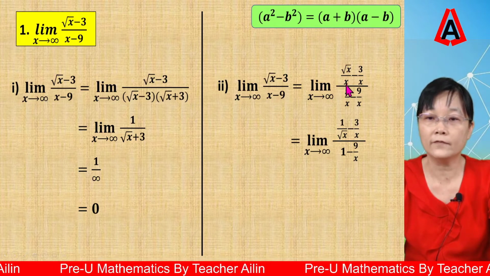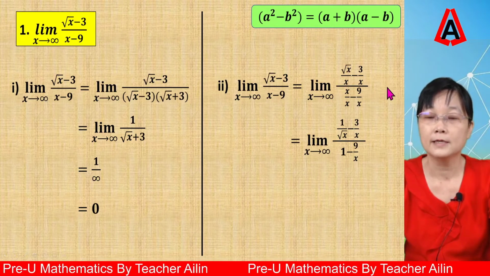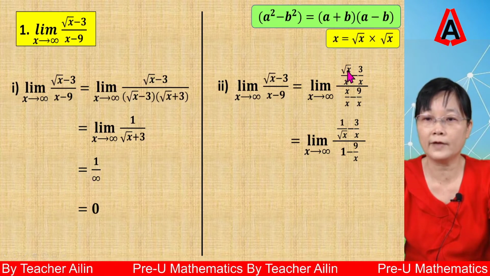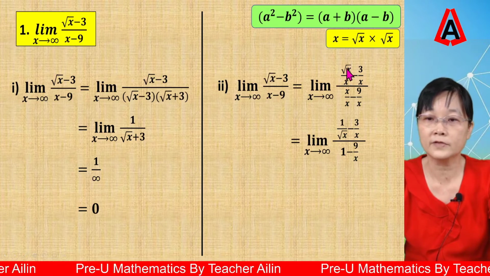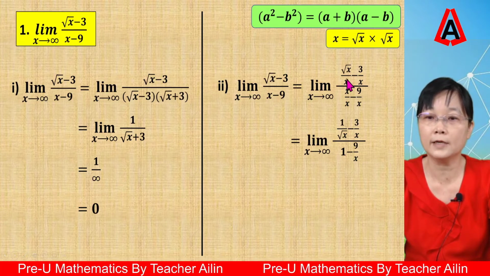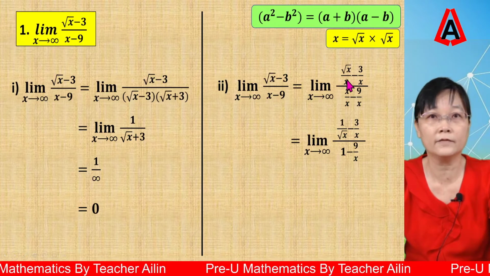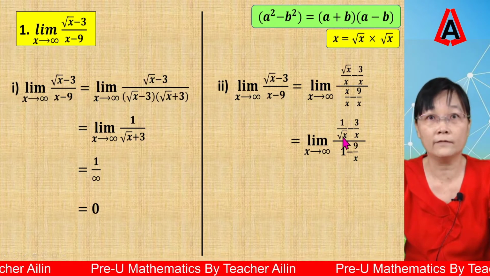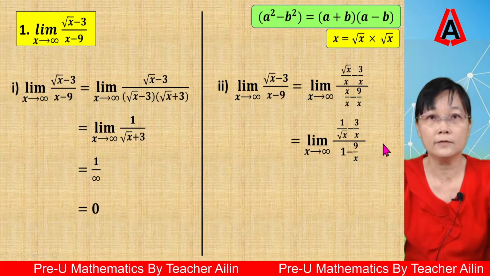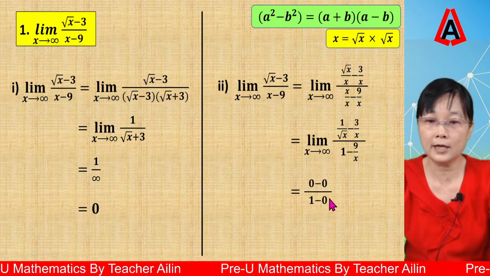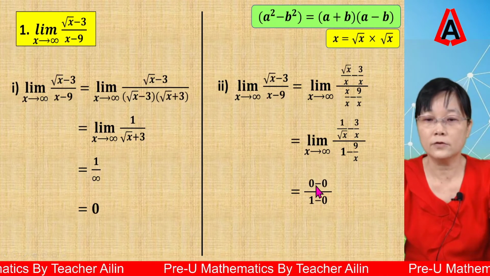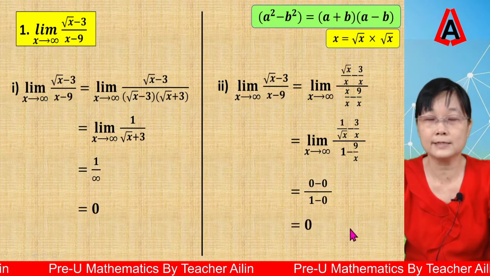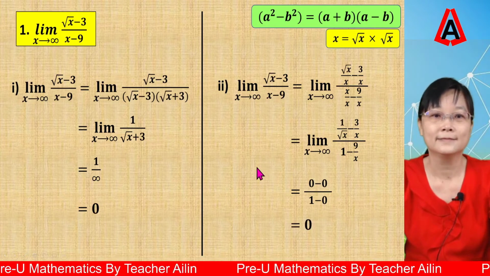For square root of x divided by x, since x is square root of x times square root of x, when I cancel off the square root of x of the numerator and one of the square root of x of the denominator, I'll get 1 over square root of x. Then I substitute the infinity for the second time. It is 0 minus 0 over 1 minus 0, so the answer is 0.